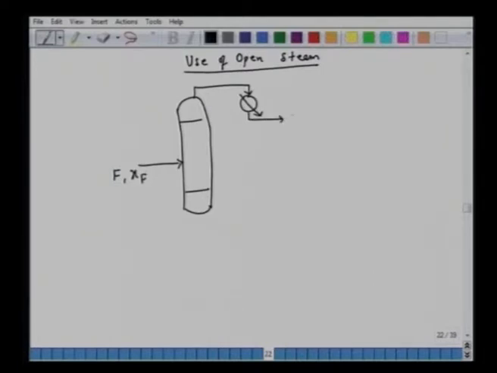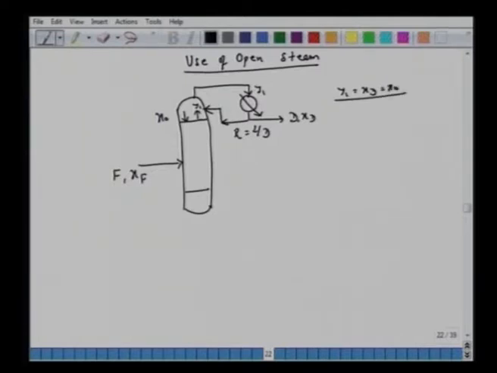So this is the product here, D and XD. Let's say it's a total condenser, and the reflux is saturated liquid. So we have the reflux ratio R equal to L by D. This goes to the top plate here. So we have this X0. This is Y1, which is the same as this Y1. So Y1 equal to XD equal to X0.